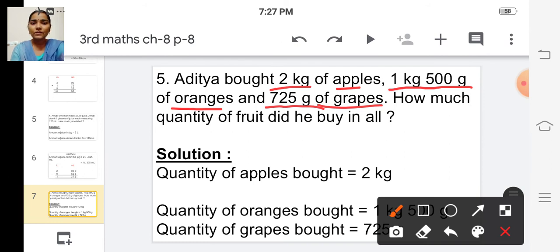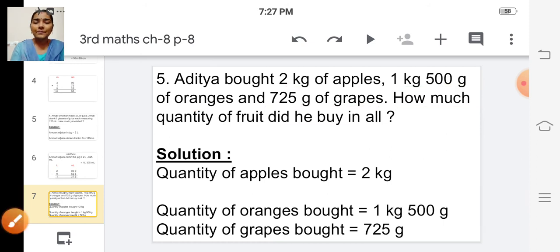You have to write in the solution. In the solution, first you have to write the given data. What is given? You have to write the given data first, and then read the question. How much quantity of fruit did he buy in all? So what have they asked?